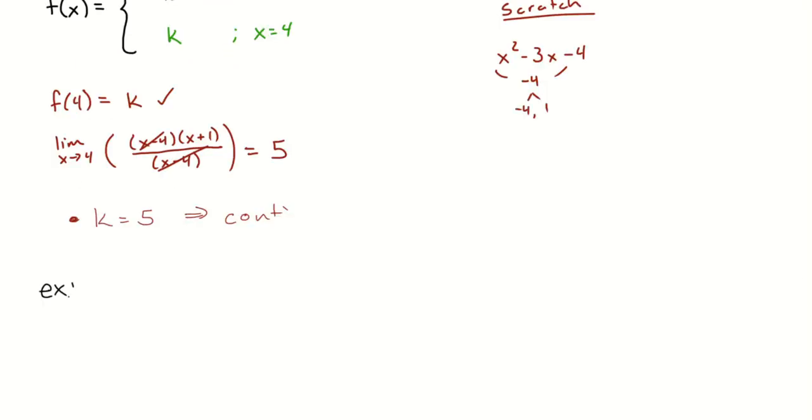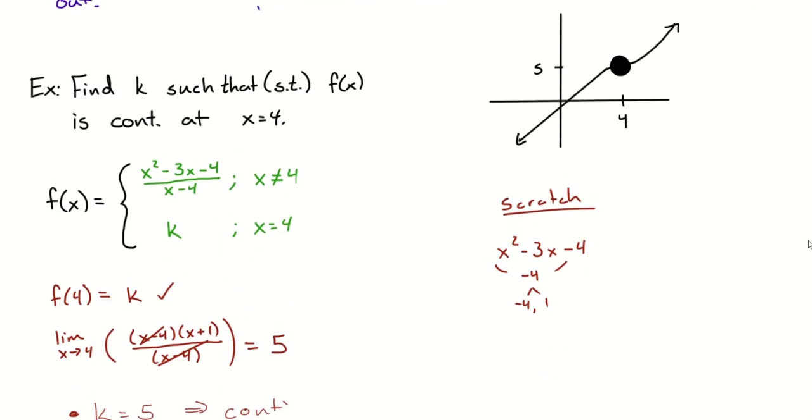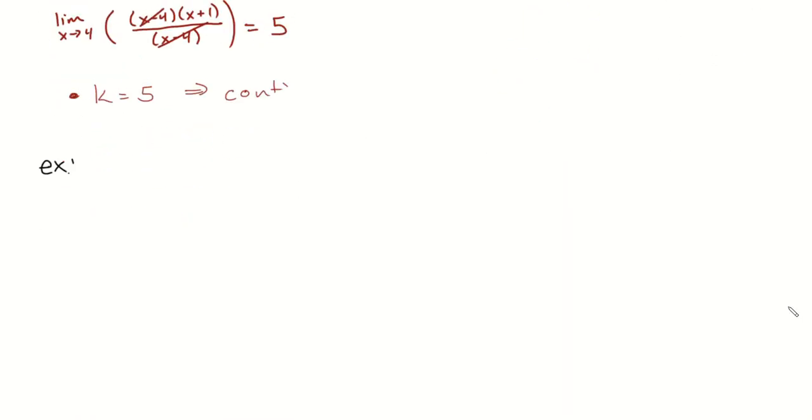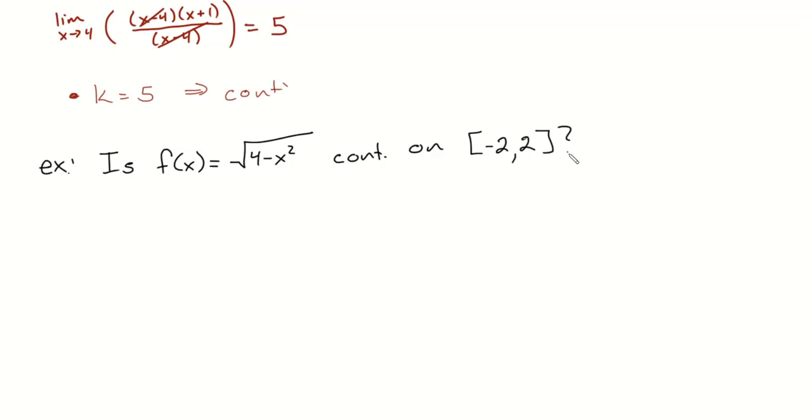Last thing we wrote was an example? All right, we didn't name it A and B, so we'll just roll with this. I want to know for the following: is f of x equal to the square root of 4 minus x squared continuous on this interval, the closed interval from -2 to 2?